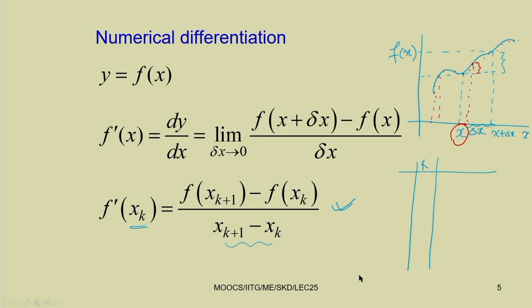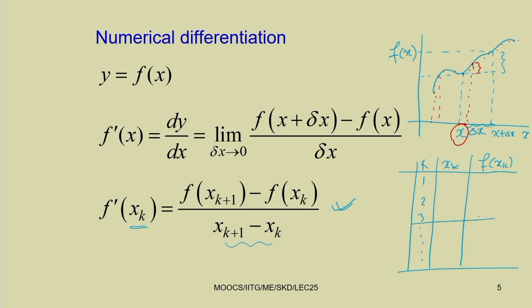Let us take k equal to 1, 2, 3, and go on increasing. Then we can find x k and the corresponding value of f x k. Preparing this table first, then we can find f dash x k.